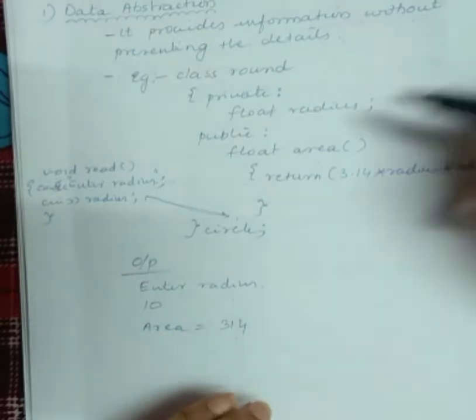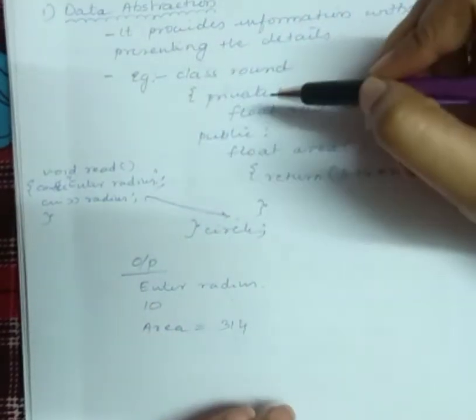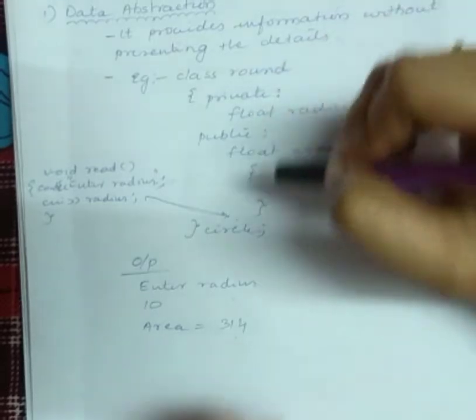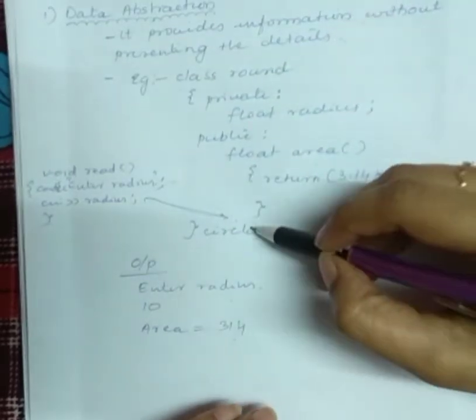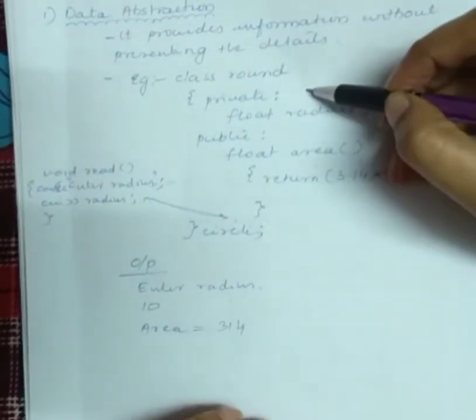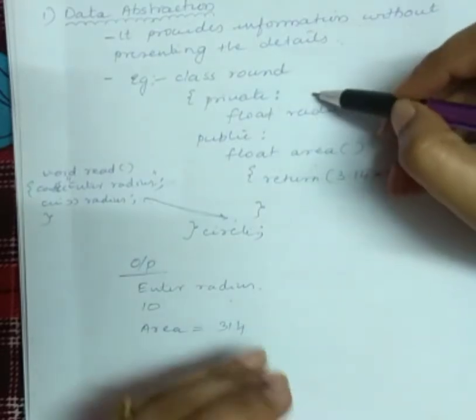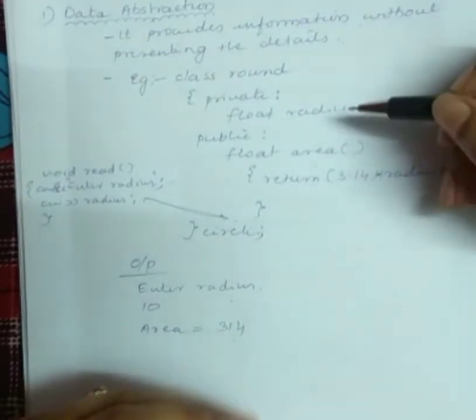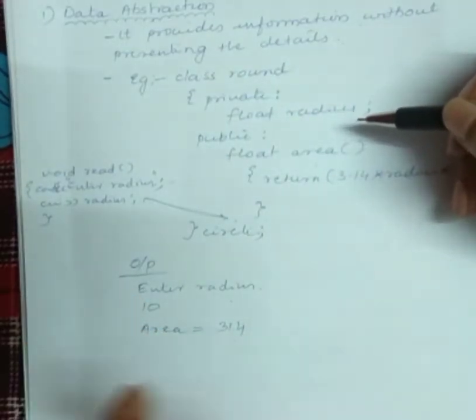Second thing is, all the functions, whatever operations I need for a circle, can be grouped inside a class. Suppose I need to find the perimeter of a circle.